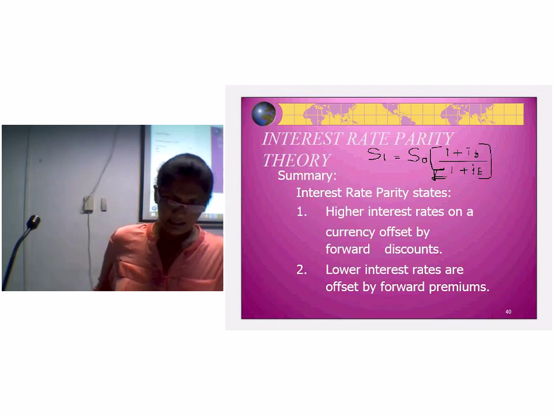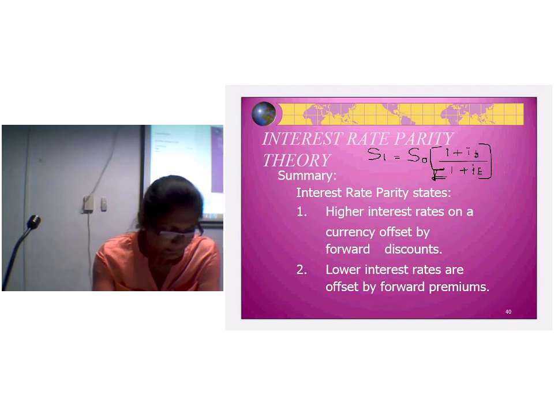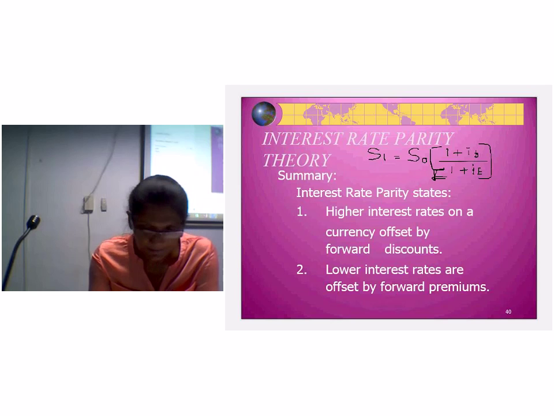But this says a higher interest rate on a currency is offset by forward discounts, right? If the particular country's interest rate is higher, say for example, the interest rate in the US is higher than the UK, then that will be reflected in the forward rate.